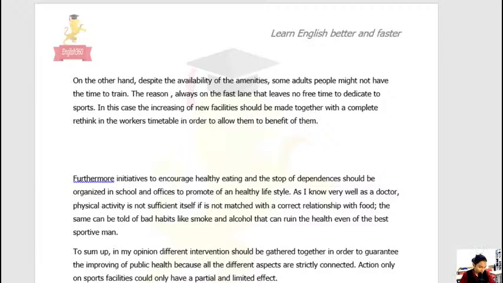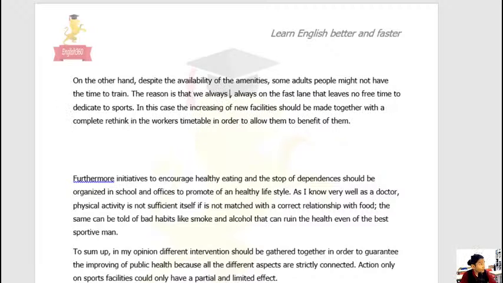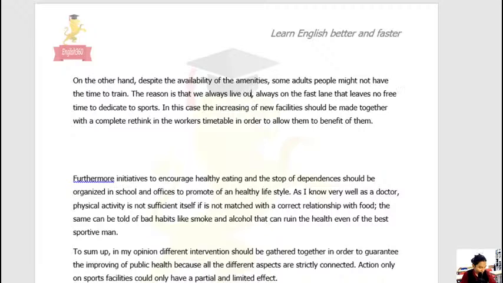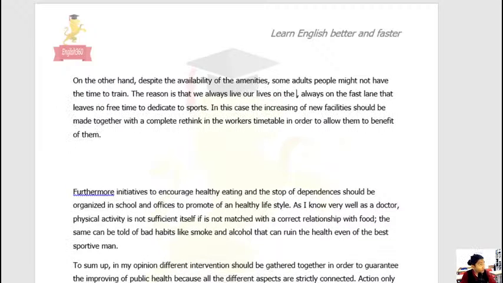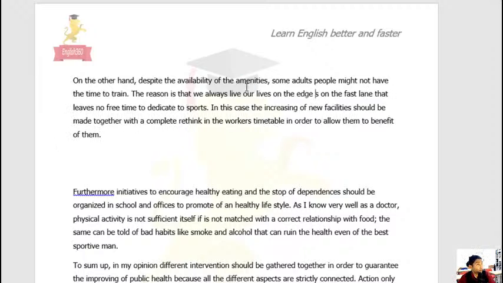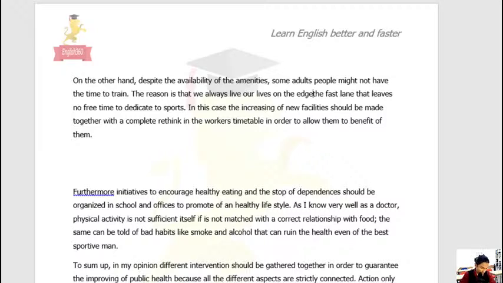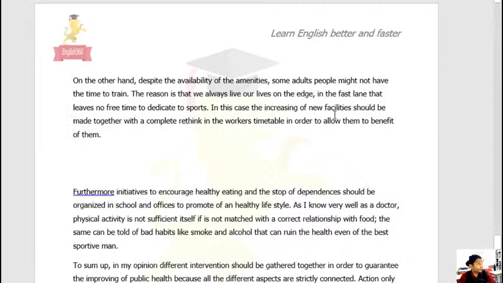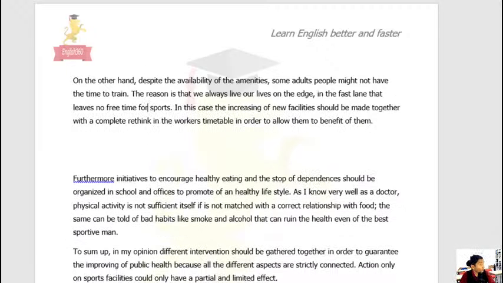To say reason being, no, the reason is that we always live our lives on the edge. Yeah, a bit like James Bond. Not really. In the fast lane, that leaves no free time to dedicate, need time for sport, not dedicate. I think that's a lot of for sports.